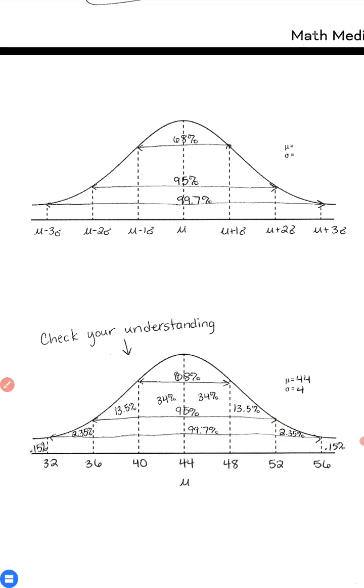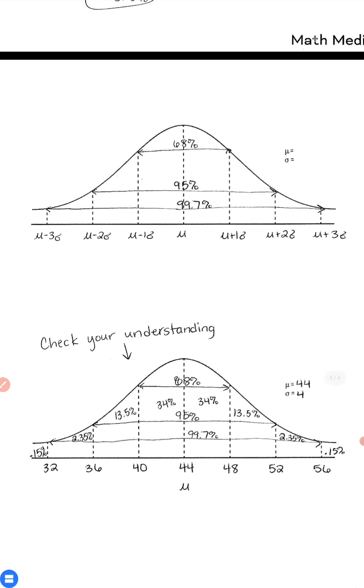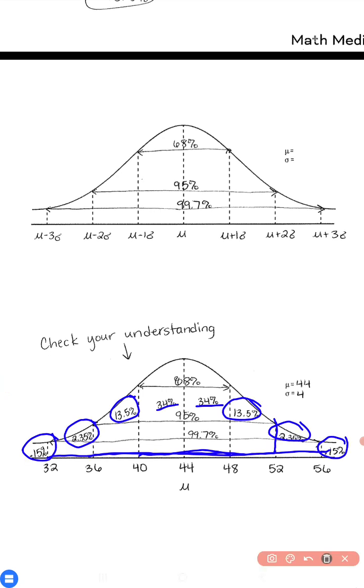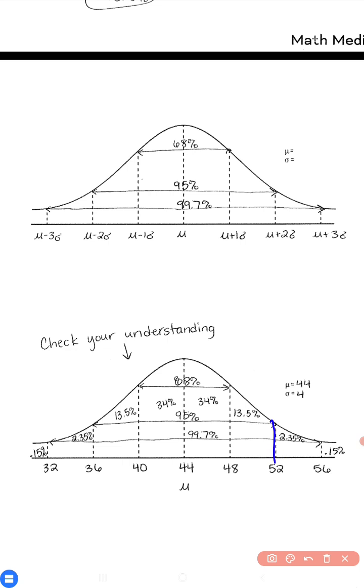So knowing that, if I want to know what percent of people fall above 52, which is this line right here, well, that's 2.35% plus 0.15%, which is 2.5%. Okay? Let's look at the next question.